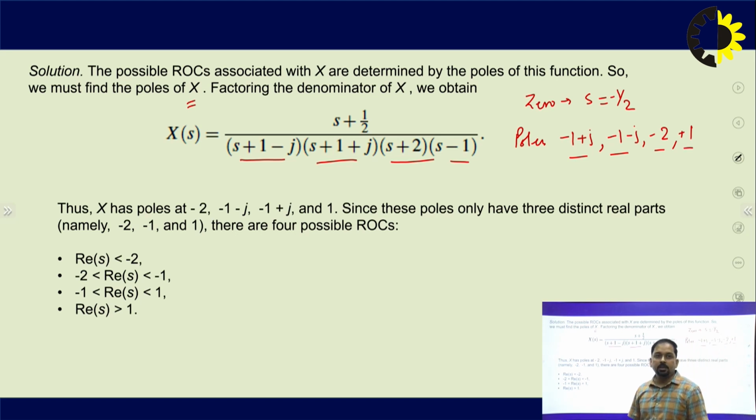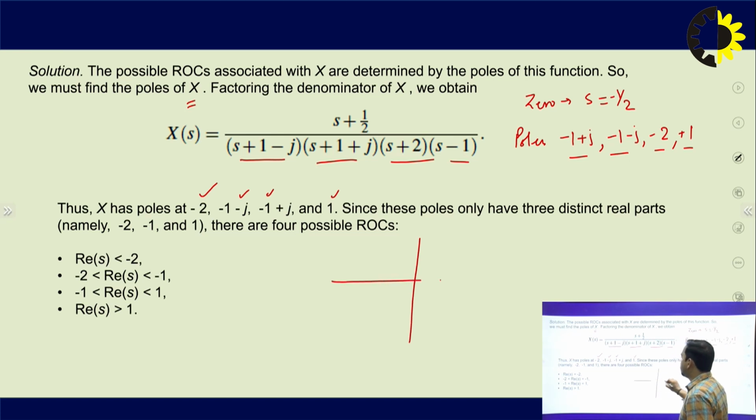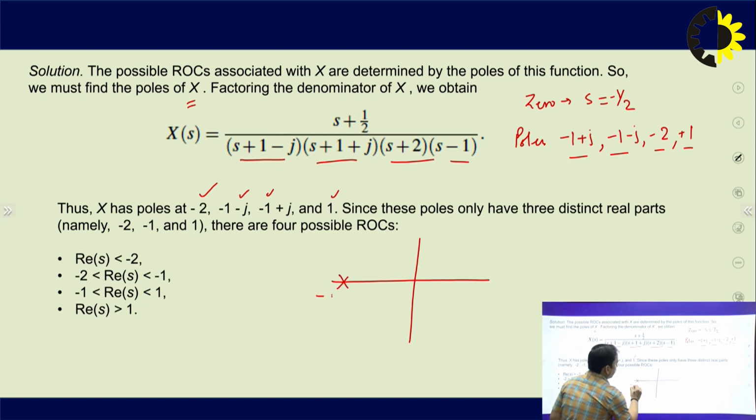We can arrange them in this particular order: -2 first, then the two complex poles, and the fourth pole is a positive pole. Marking the location of poles, first is -2, which lies on the left side of the S plane.